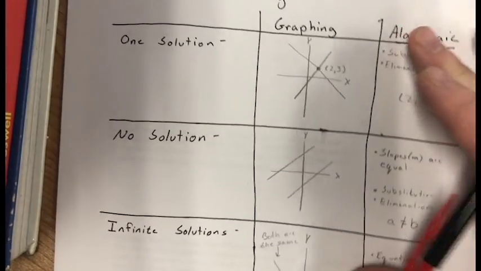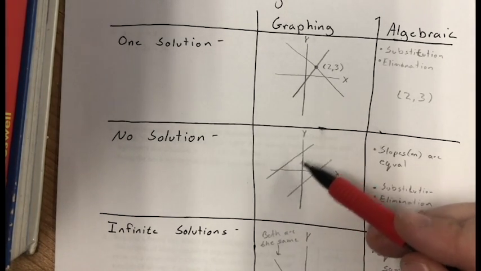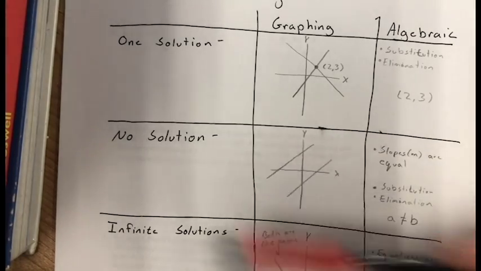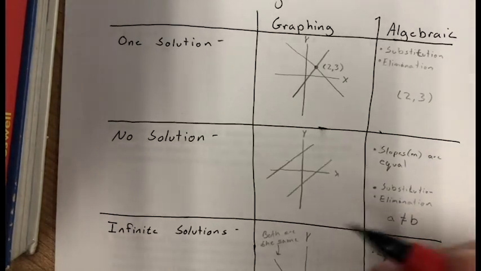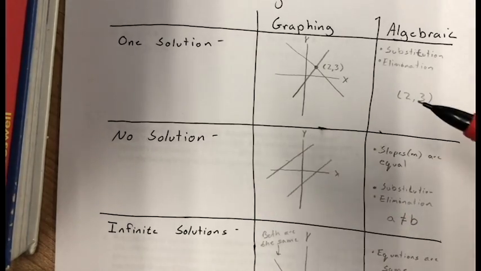This is where it's a little bit new. If I have a system of equations and I graph it and it looks like this, where I have two parallel lines, it means that I have no solution. These two lines will never cross because they are parallel. Therefore, it is no solution.